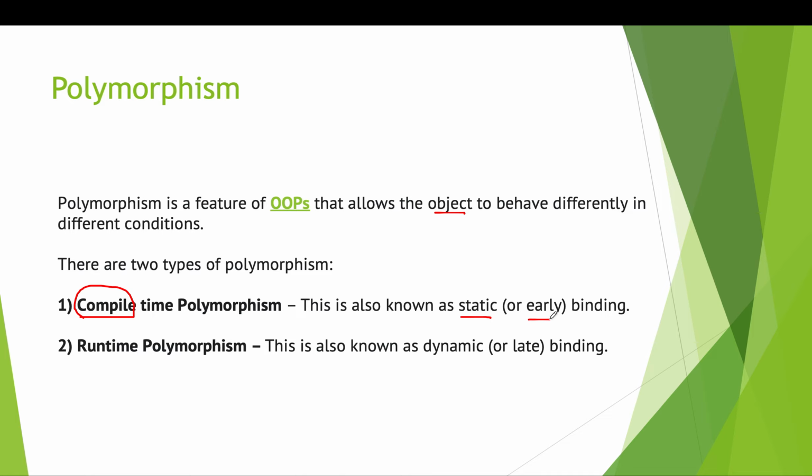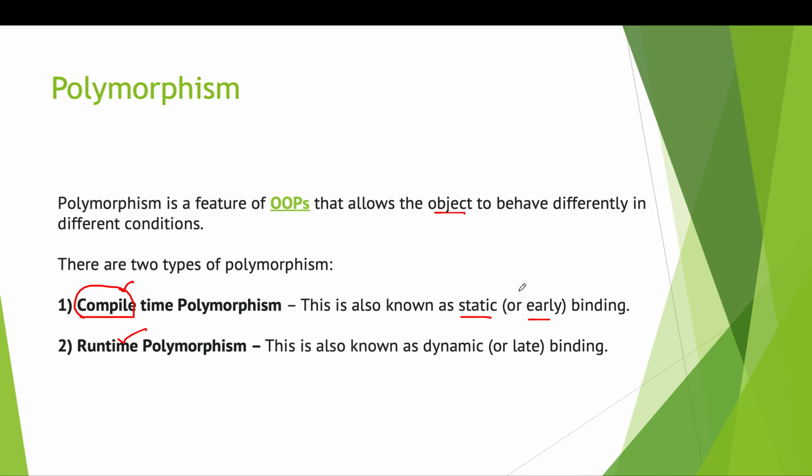But when will we decide that this object is going to behave in a particular way? That could be either during compilation time or during run time. So this is compile time polymorphism, known as static or early binding.